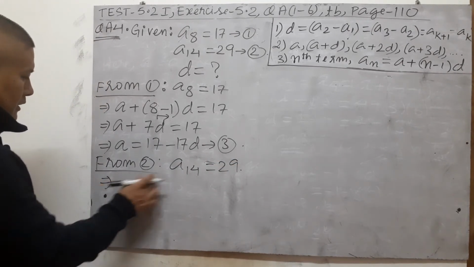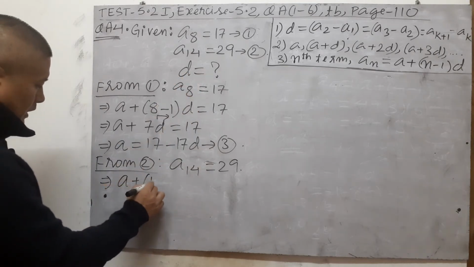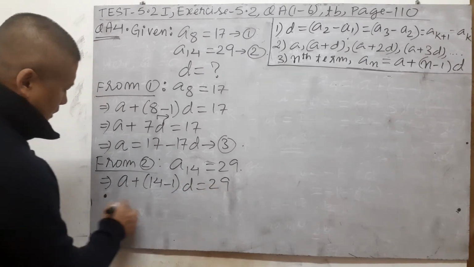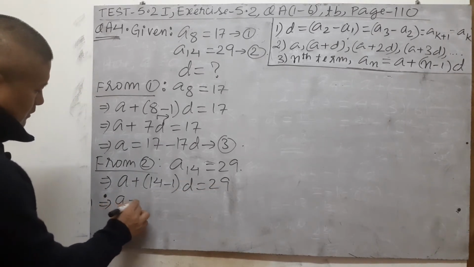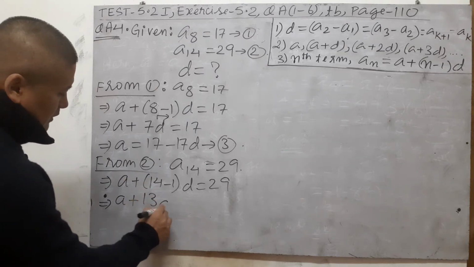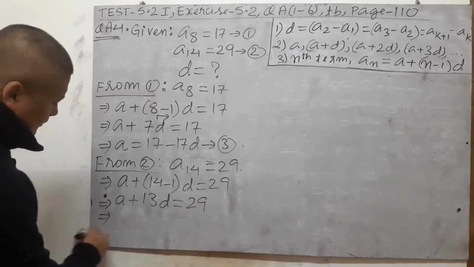So applying that formula for A14, the third formula, a plus n minus 1 into d, 14 minus 1 into d equal to 29. So a plus 14 minus 1 is 13d, therefore equal to 29.